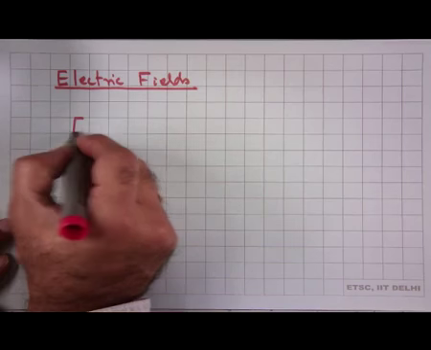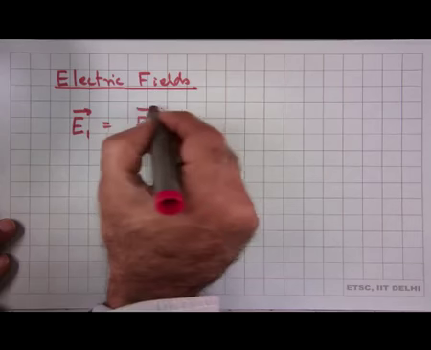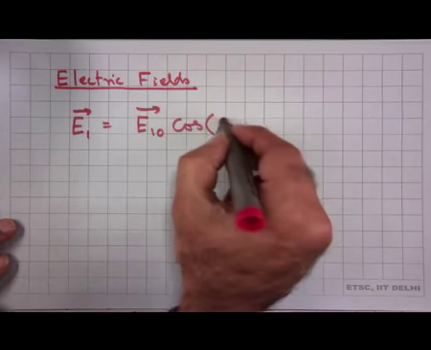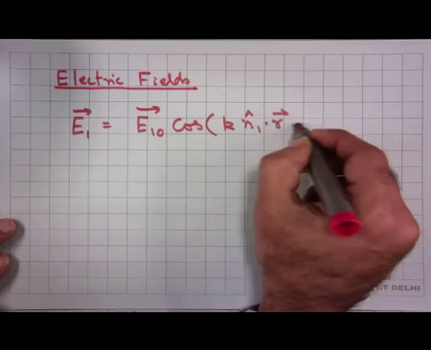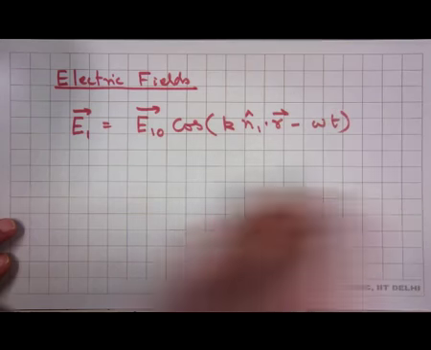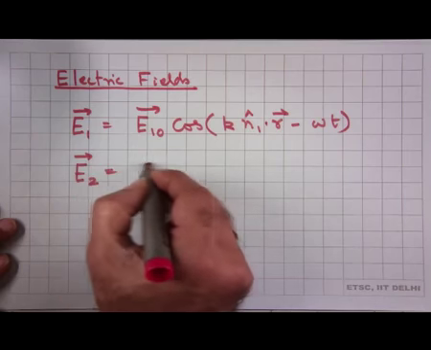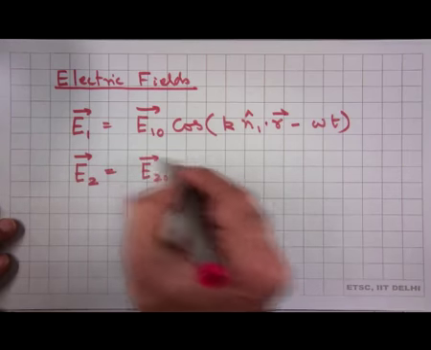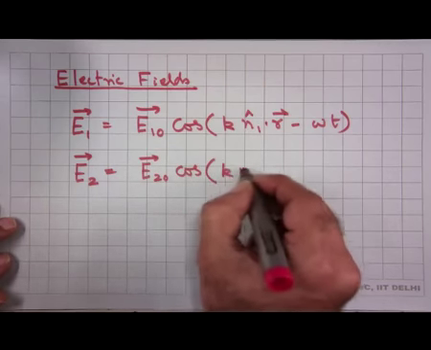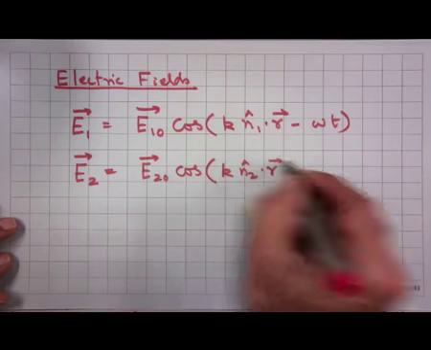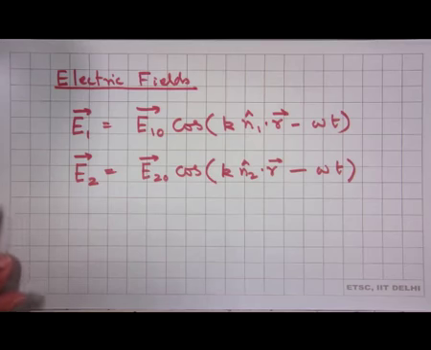I will write E1 equal to E10 cos(k n1 dot r minus omega t) at any given point, and E2 is E20 cos(k n2 dot r minus omega t). That is what we are going to write at any given point.